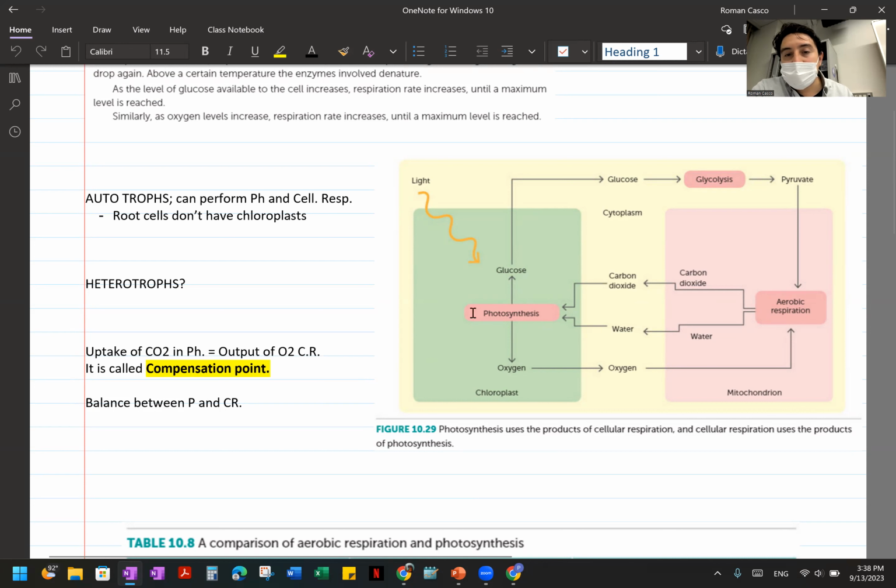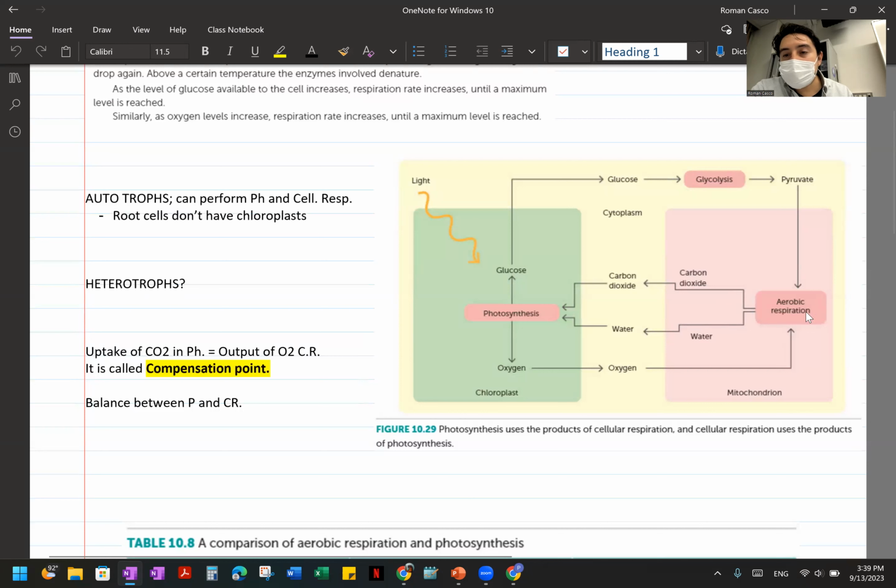If you see photosynthesis here, ultimately having sunlight coming in, inducing the light reactions to essentially produce oxygen, right? The light independent reactions producing glucose. These are basically end products which would be used in aerobic respiration, where glucose is broken down into pyruvate, entering aerobic respiration, where along with oxygen in the electron transport chain, it essentially produces carbon dioxide and water, right?